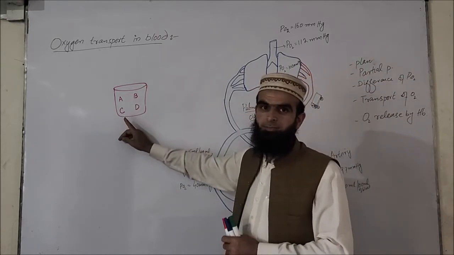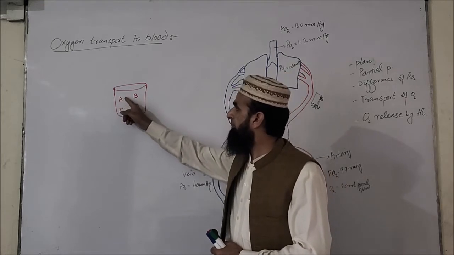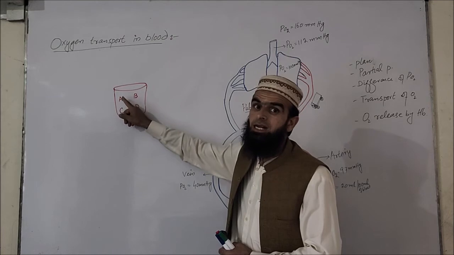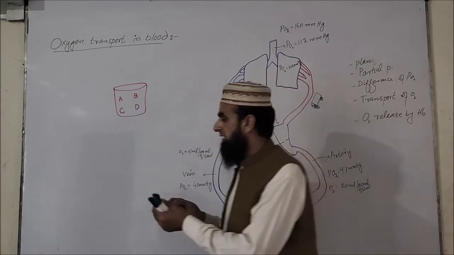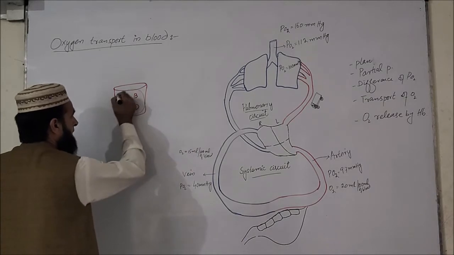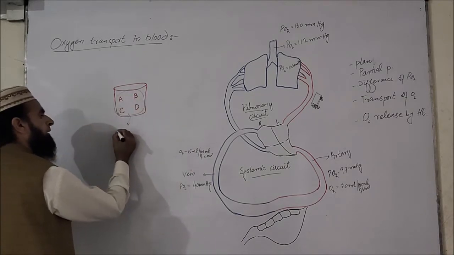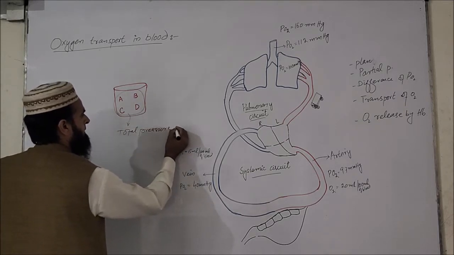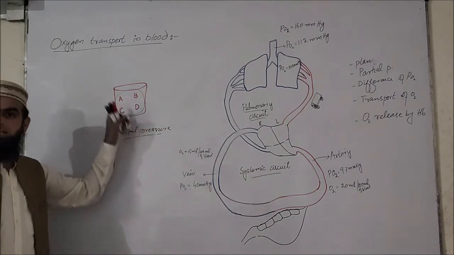That would become 100%. So the individual pressure exerted by each individual gas is called its partial pressure. The pressure exerted by all of the gas molecules is called the total pressure of the system, or total pressure of the gas.